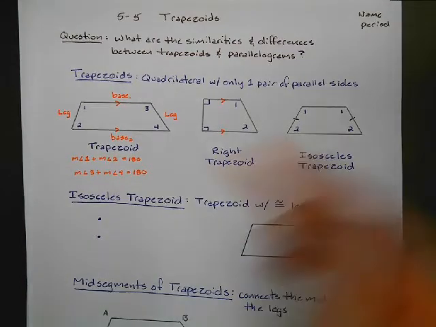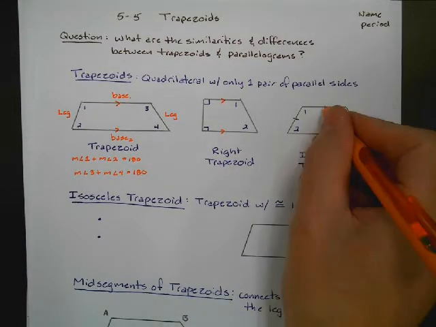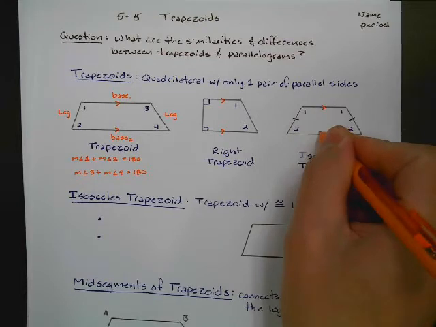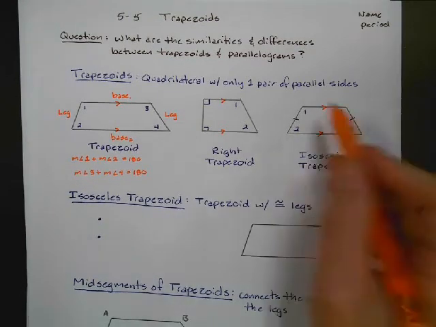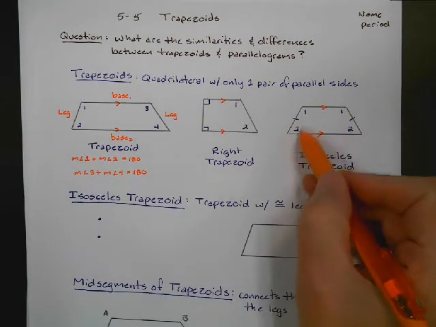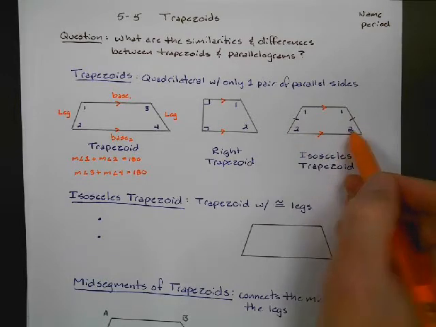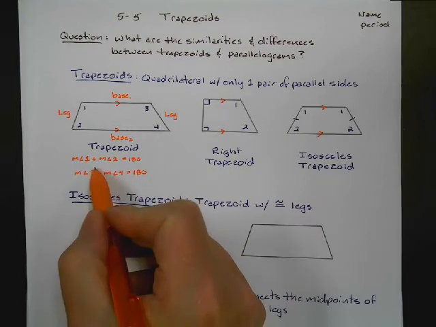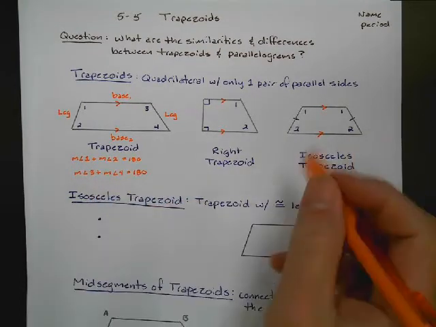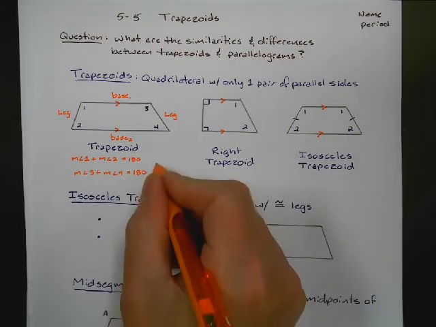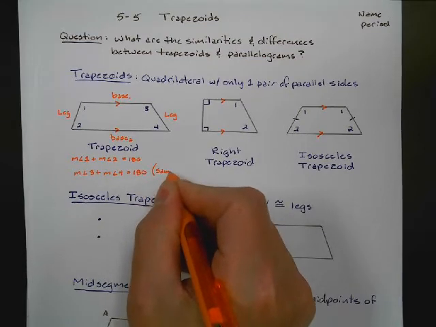Now, in an isosceles trapezoid, still a trapezoid, so these are parallel. In isosceles trapezoid, what we see here is that these two angles are exactly the same on both sides. And they're still supplementary. The measurement of angle 1 plus the measurement of angle 2, they're 180. These are same side interior angles.